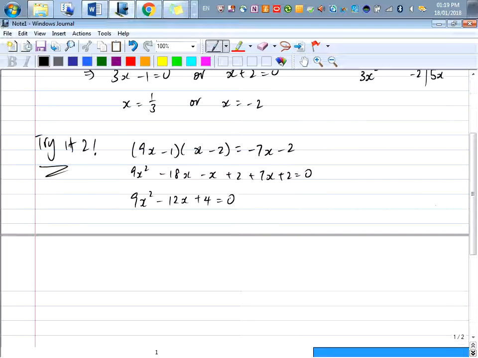You should have 9x squared minus 12x plus 4 equals 0. Okay, after rearranging, you should have this. Then from here, use your factorization. If you don't have this, that means you made a careless mistake somewhere.